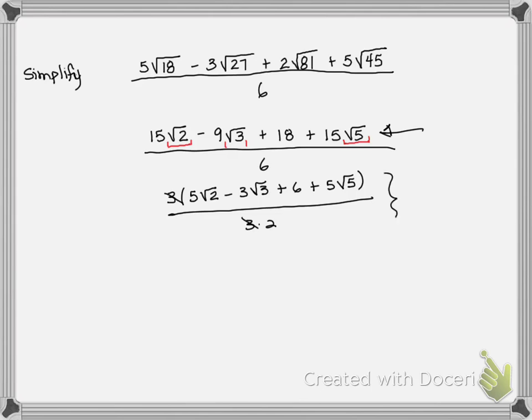However, to simplify the fraction as a whole, it is convenient to factor the numerator so that we can then cancel common factors. You can't touch anything within the parentheses. Correct. Because they're being added and subtracted.